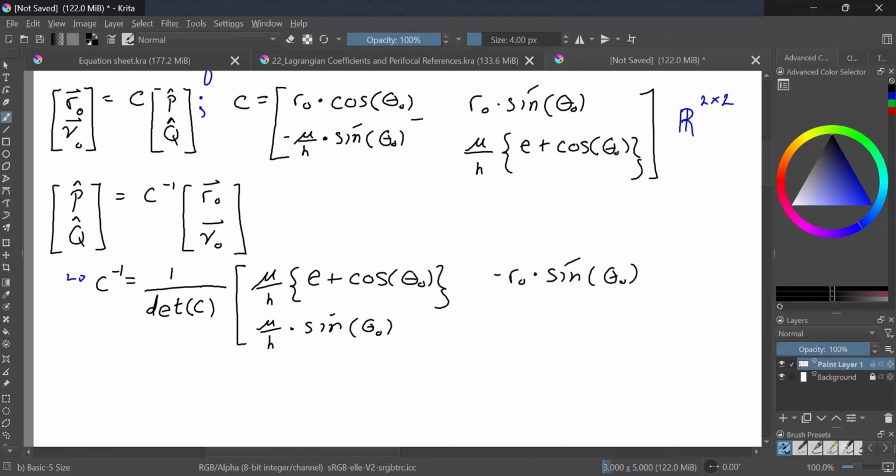This one, that's the one I want. So r naught times the cosine of theta naught. All right.